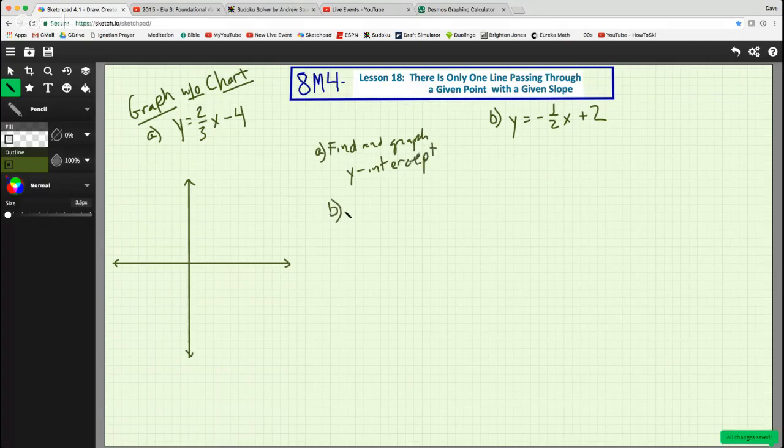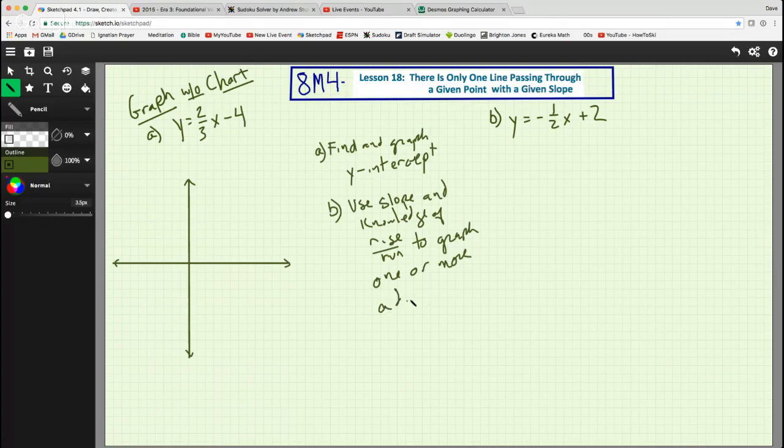And then B, we're going to use the slope and knowledge of rise over run to graph one or more additional points.